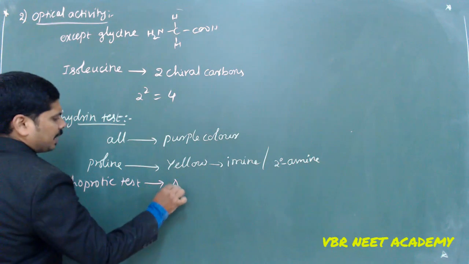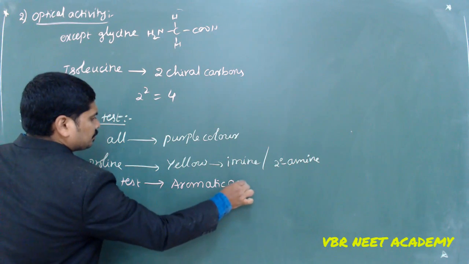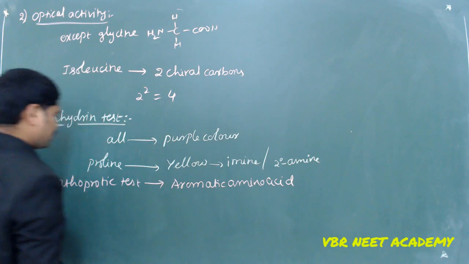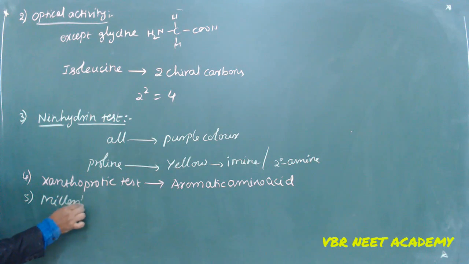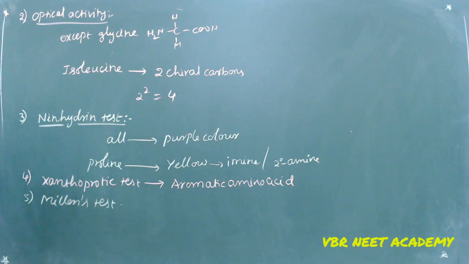It is for aromatic amino acids. It is just HNO3 we are going to use. Xanthoproteic test. Millon's test is going to separate your tyrosine from the remaining ones.